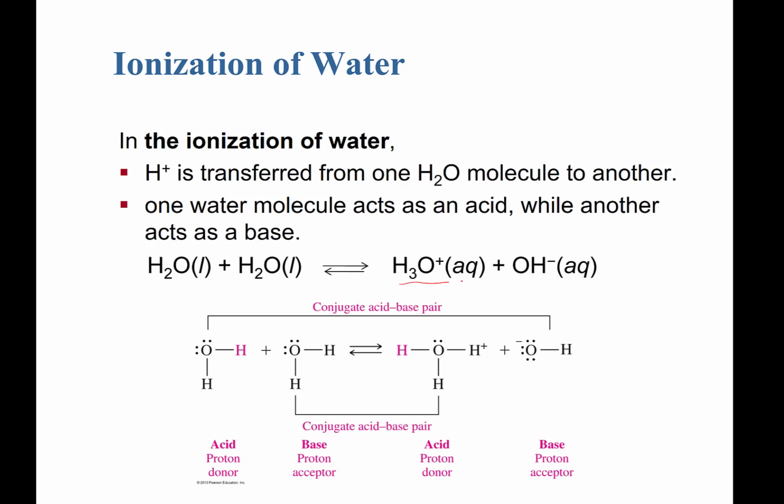It also produces H+ and it also produces OH-. So it is both an acid and a base. And a substance that can act like both an acid and a base is called amphoteric. So it can act like both, depending on what it's with.